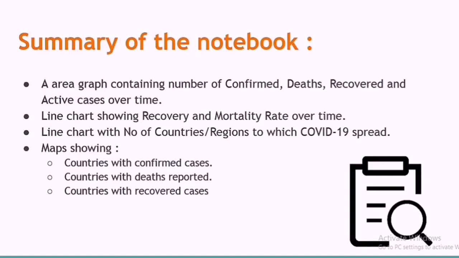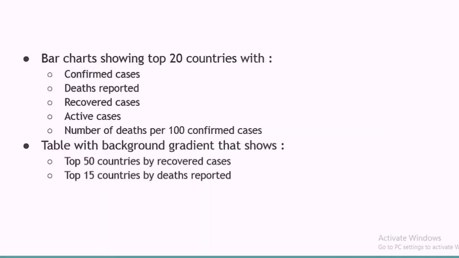Summary of the notebook. The notebook contains an area graph containing the number of confirmed, deaths, recovered, and active cases over time. A line chart showing recovery and mortality rate over time. A line chart with the number of countries or regions to which COVID-19 spread. And a map showing countries with confirmed cases, countries with deaths reported and recovered cases.